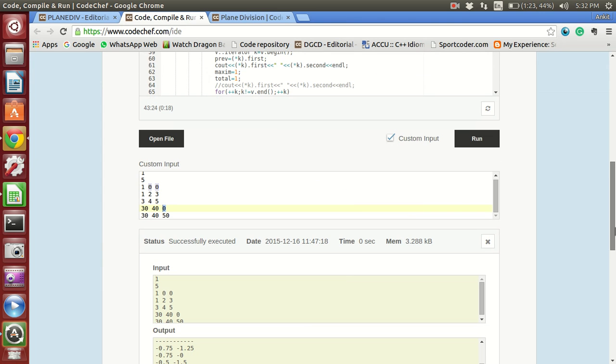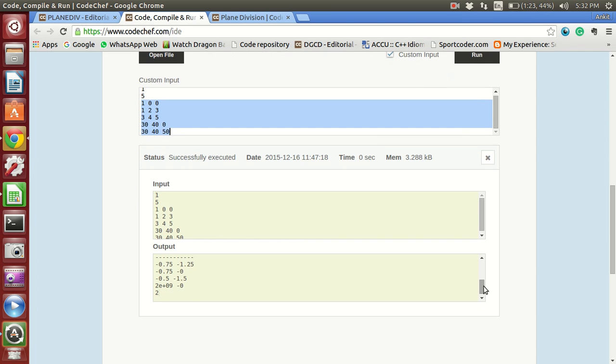So let's take the given example. We have these 5 value sets. Now when we are calculating x and y, x and y would be this. Since y is 0, x would be infinity.